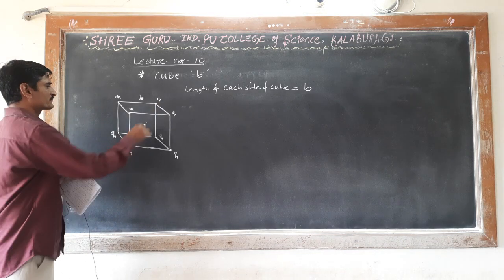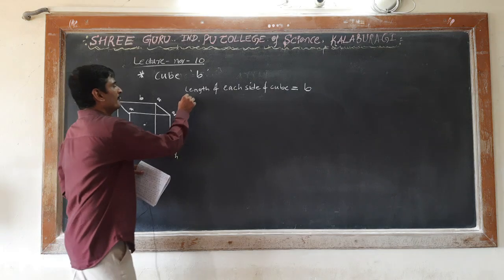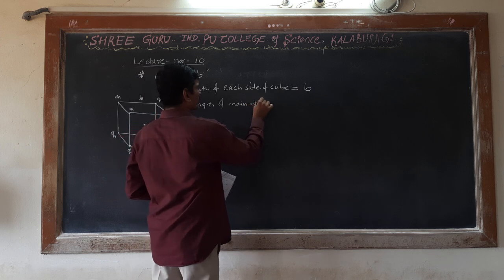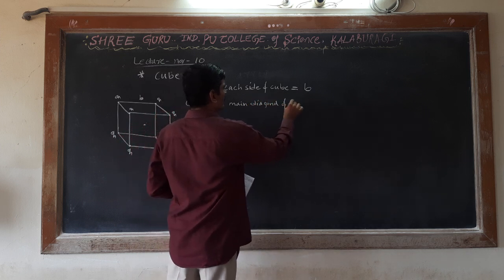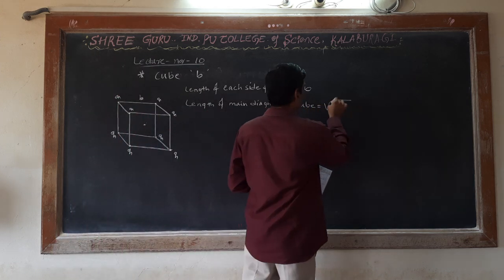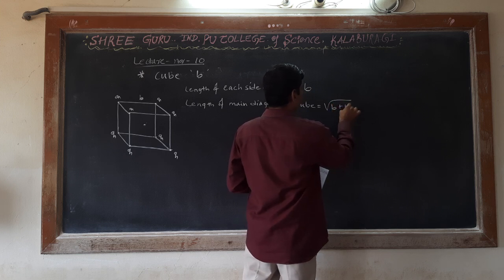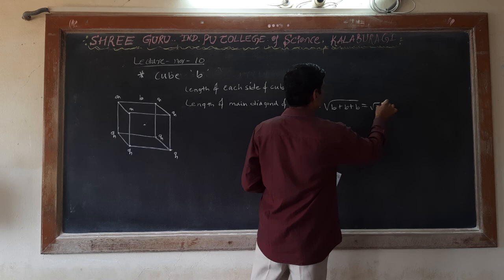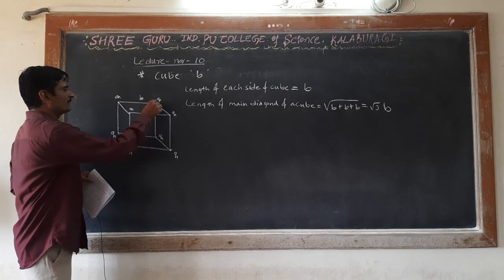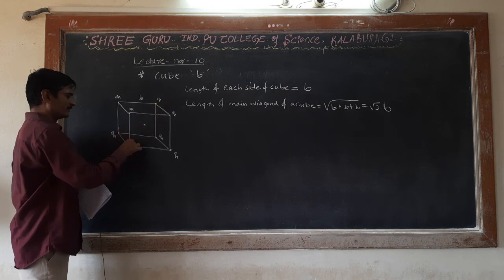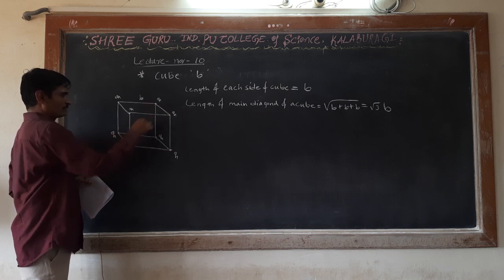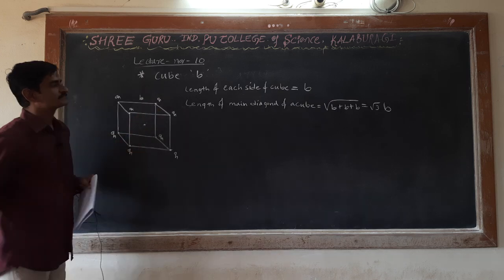The diagonal of a cube is given by the square root of b squared plus b squared plus b squared, that is root 3 times b. This is the length of the main diagonal, from one vertex to the opposite vertex.